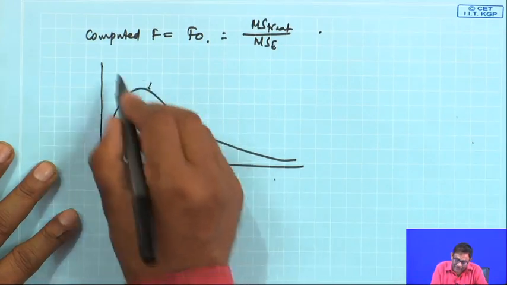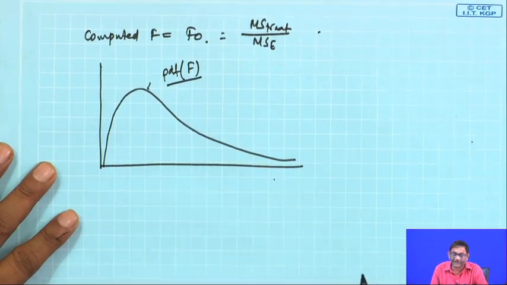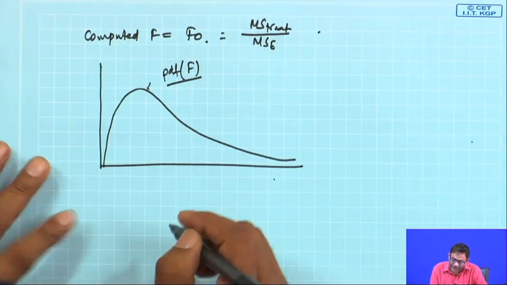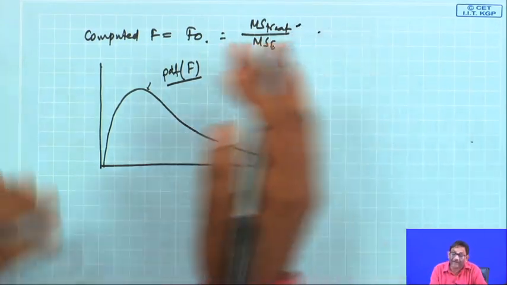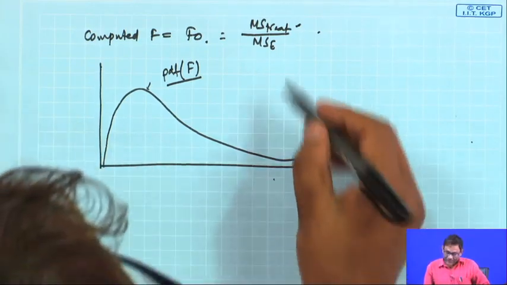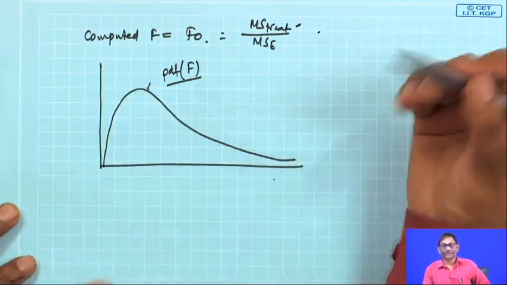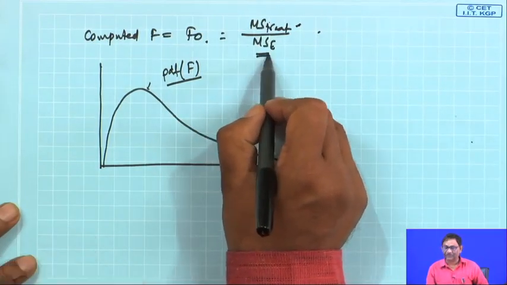This is our F distribution, the probability density function of F. What we are interested in saying is whether there is a difference in the means of the different levels. If there is no difference, then what will happen? MS treatment and MSE will be equal.